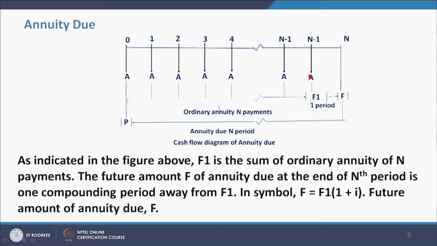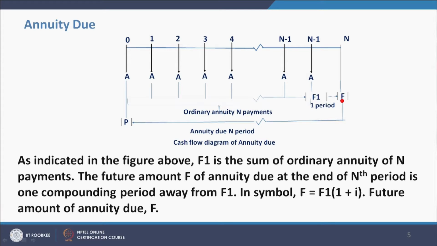In an annuity due, we see that the first payment is made at t equal to 0, and then up to n minus 1 periods the payments are made, and at the end of the nth period the final value is calculated. As indicated in the figure above, F1 is the sum of an ordinary annuity of n payments.